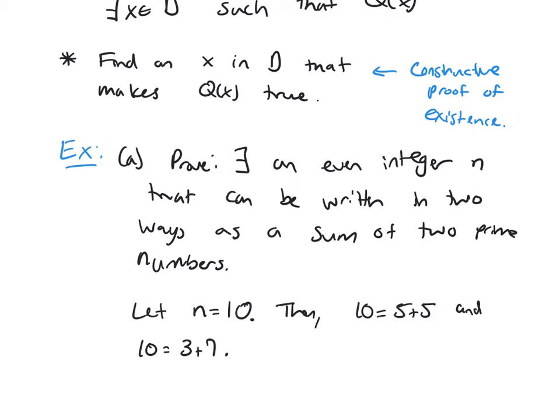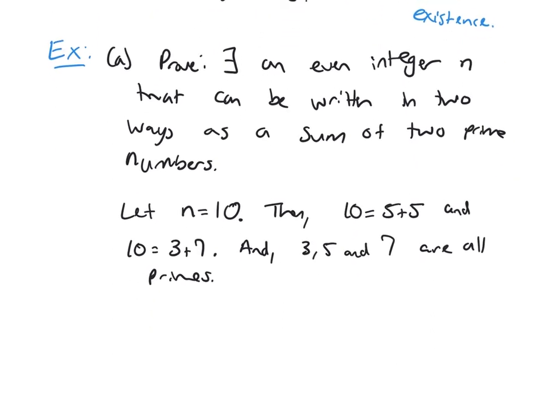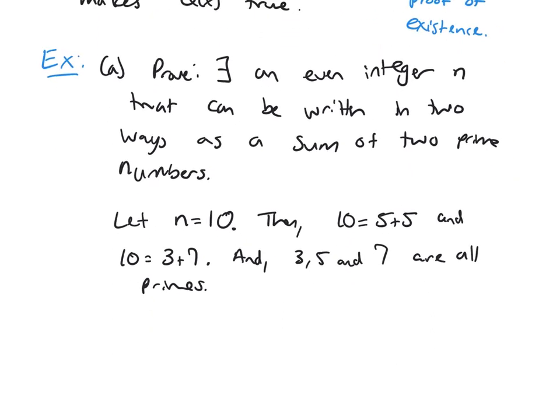And 3, 5, and 7 are all prime numbers. Now, there's not just one value of n here. There are probably other values you could have taken, but you just need to find one of them.